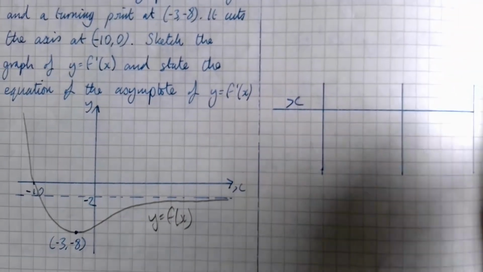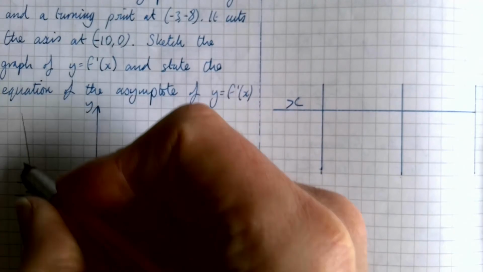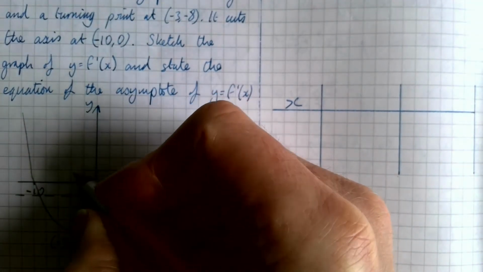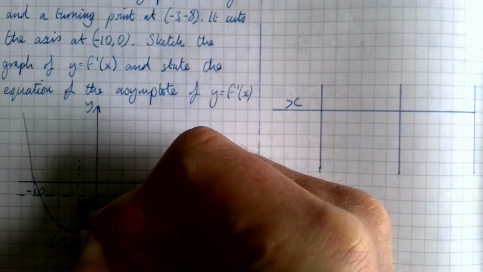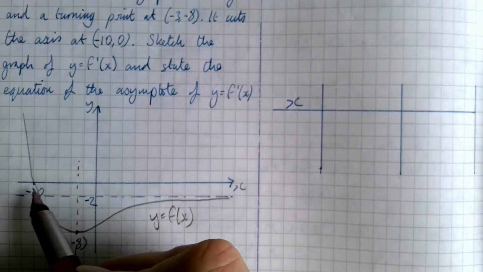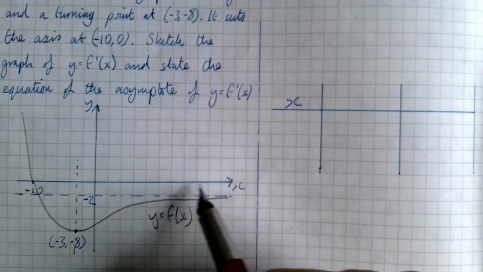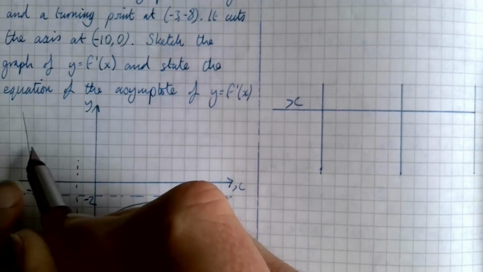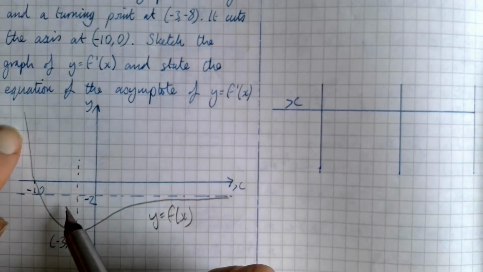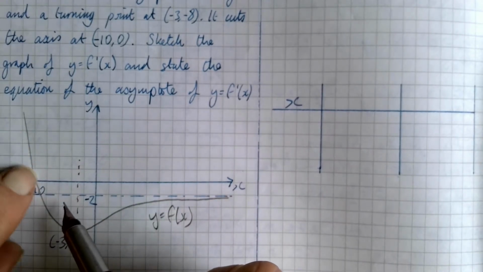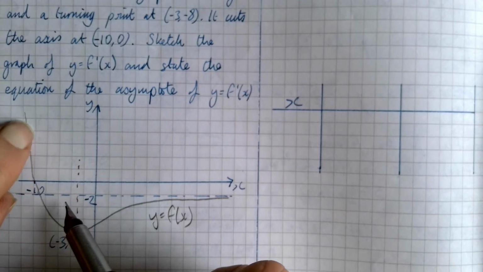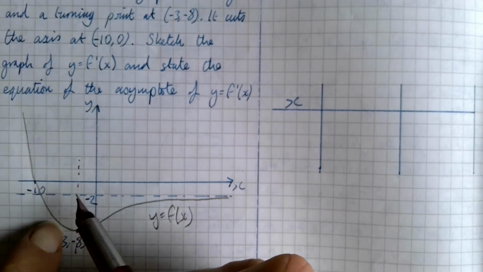The first zone is coming down here until we get our stationary point. We don't need to worry, by the way, about where it cuts the x-axis on the original curve, because what we're worried about is the gradient, and the gradient is actually still doing the same thing here as it is there. It's negative, but it's gradually getting less.